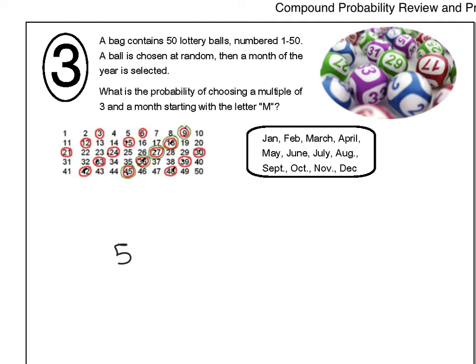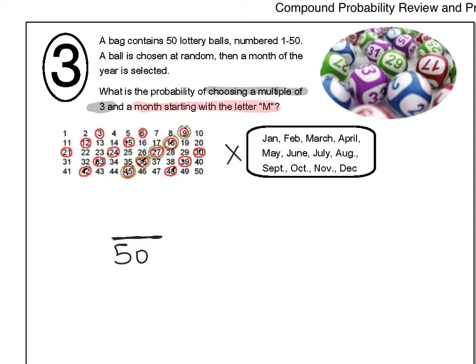We have a total of 50 lottery balls, and we're going to multiply our 50 lottery balls times our month. Those are our two: the probability of choosing a multiple of 3, and then the probability of choosing a month that starts with the letter M. Those are our two events, okay? So we have 50 total lottery balls, and so we're going to figure out how many are a multiple of 3.